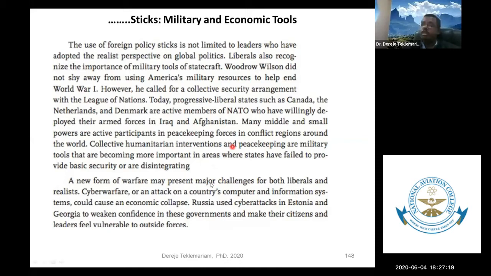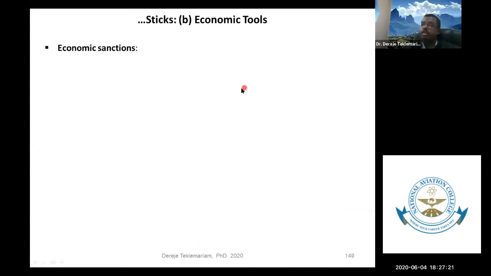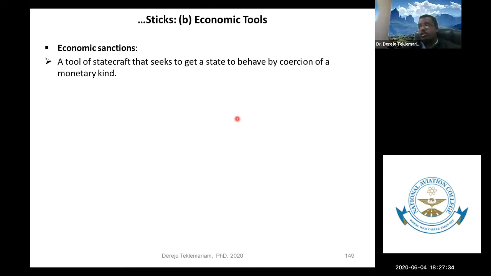So far, we have seen the stakes related to military and the stakes related to economic tools. These economic tools, we call them economic sanctions. An economic sanction is a tool of statecraft that tries to get a state to behave by coercion of a monetary kind.